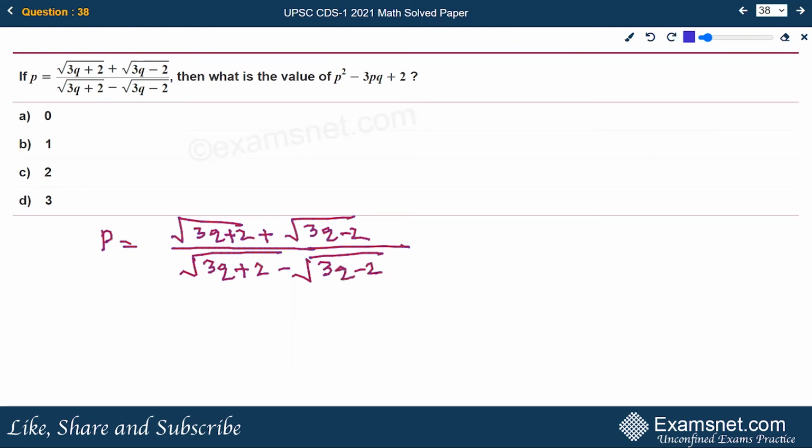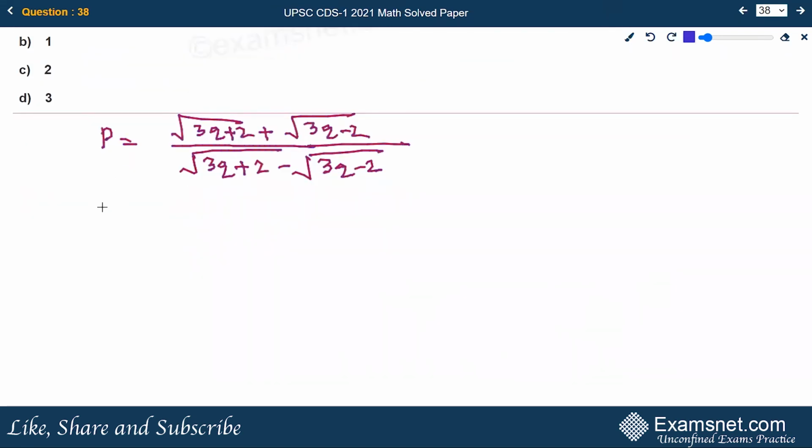Okay. So let me do in the next line componendo dividendo. I'll be applying componendo dividendo. That means in denominator there is nothing, means I can assume 1. So P plus 1 and P minus 1.